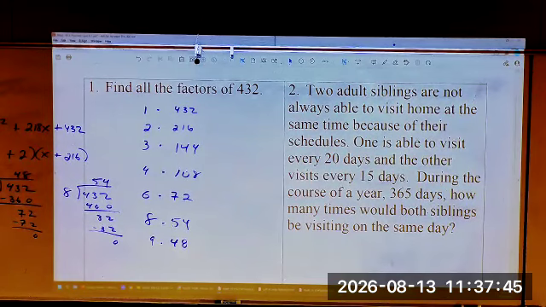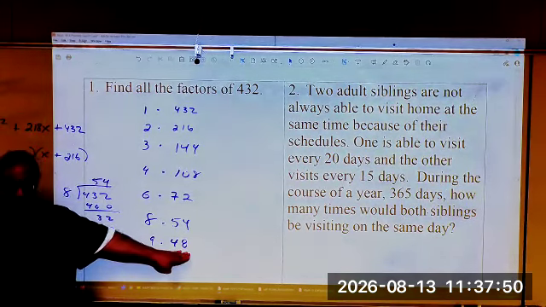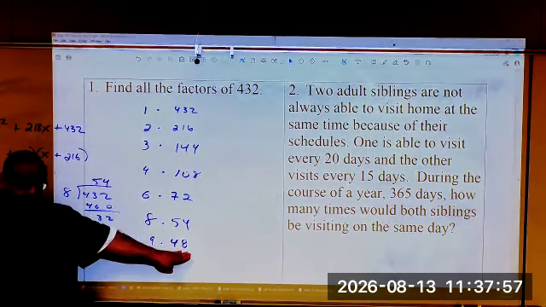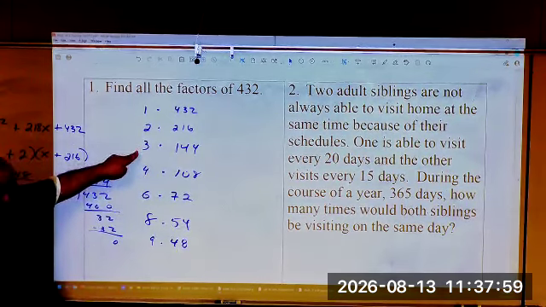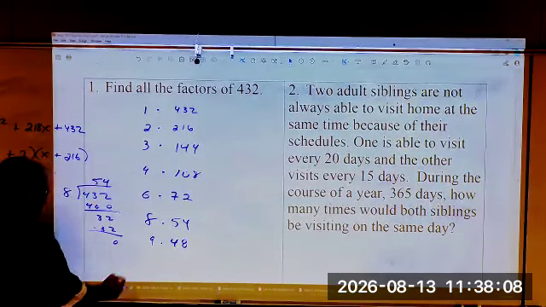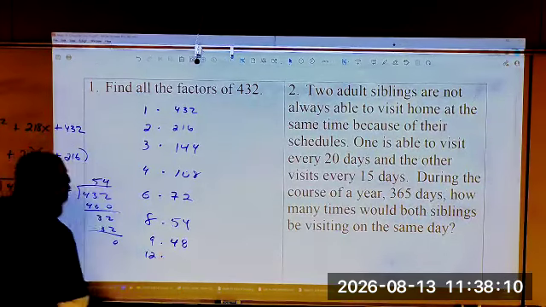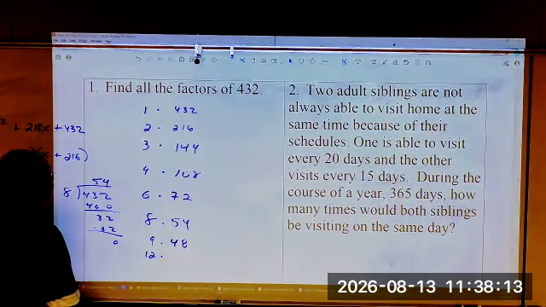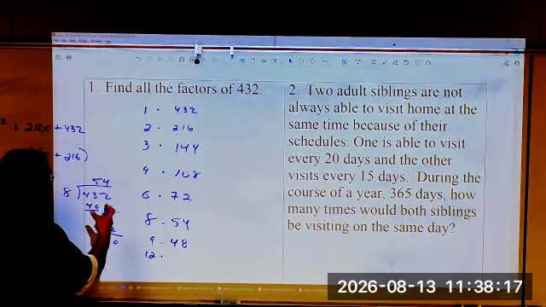11. Well, 11 would have to break down one of these, and 11 is not going into 48. Well, we know that 3 works, and we know that 4 works, so 12 is going to work. 12 times, let's see, that's going to be 12 times 36.